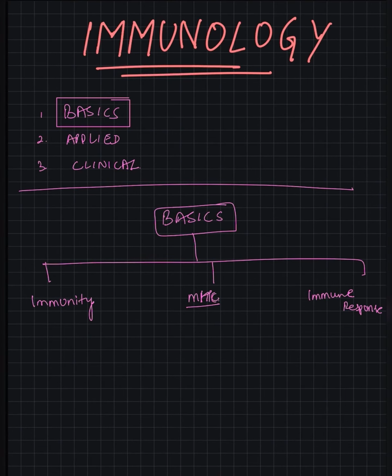So we will be dividing immunity into two types. First is innate. We will be dividing acquired immunity into two types, which is active and passive.